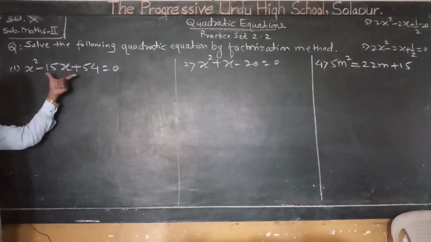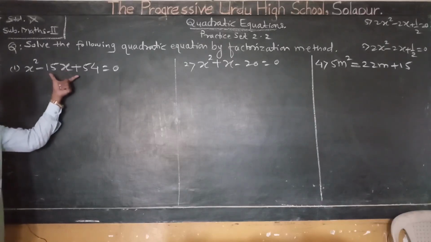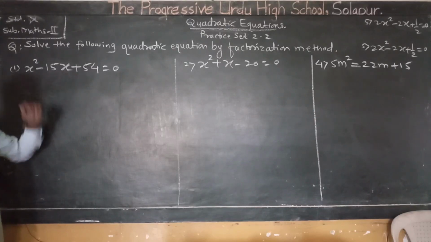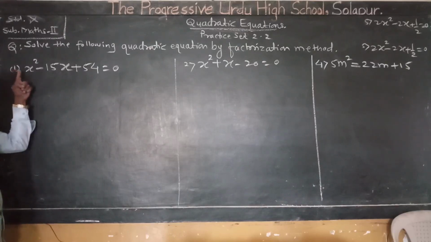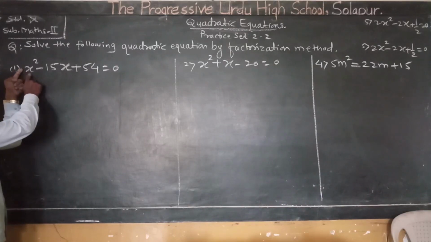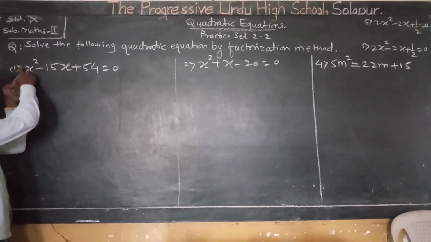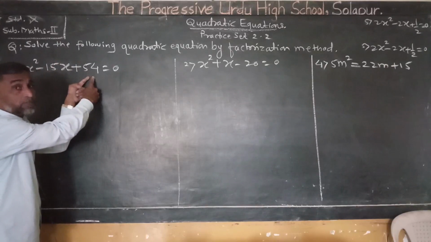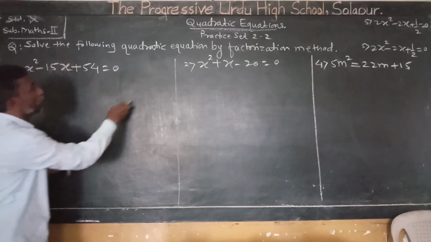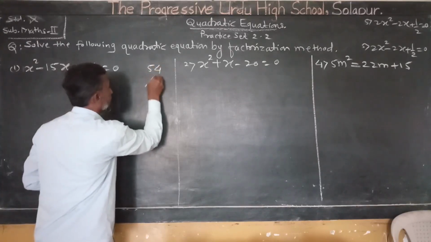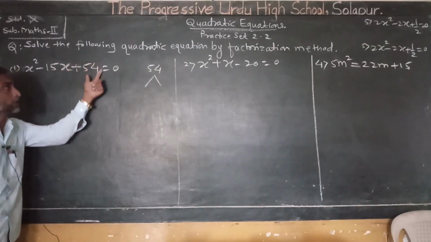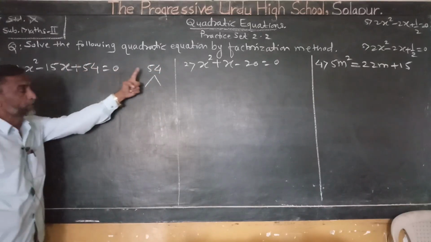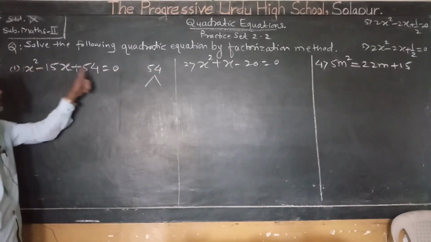As the given quadratic equation is already in standard form, the second step is to look at the quadratic coefficient. The coefficient of the square term is 1. 1 into the constant term, that is 54, gives 54.